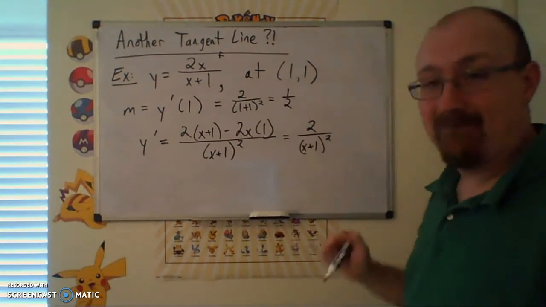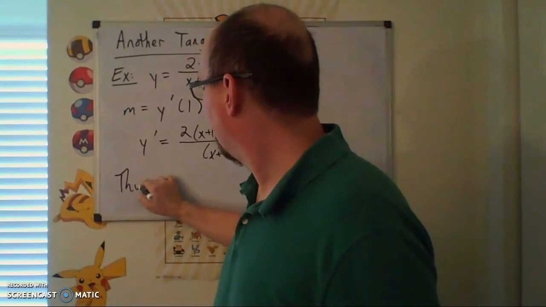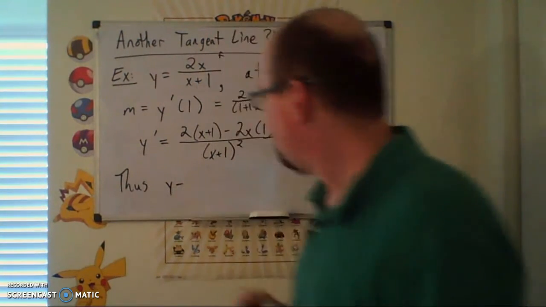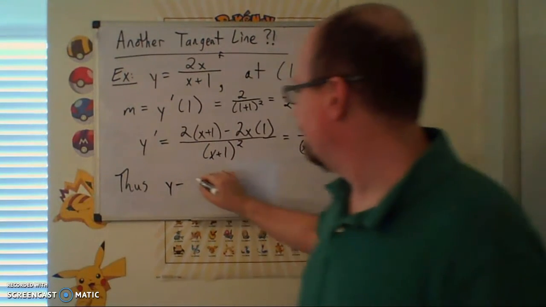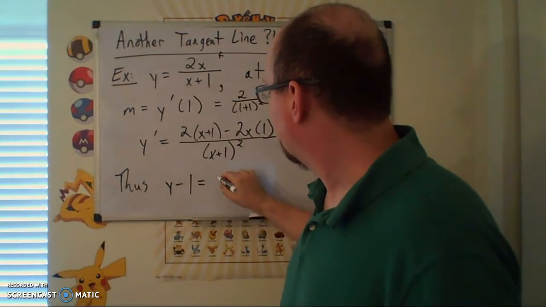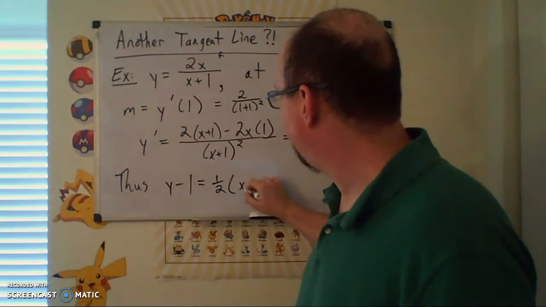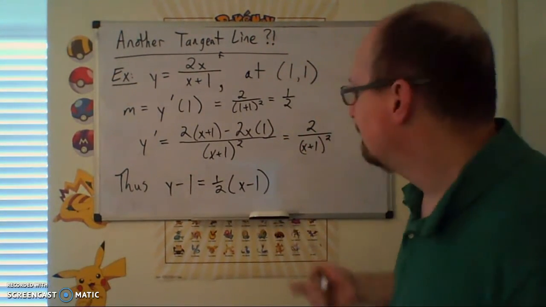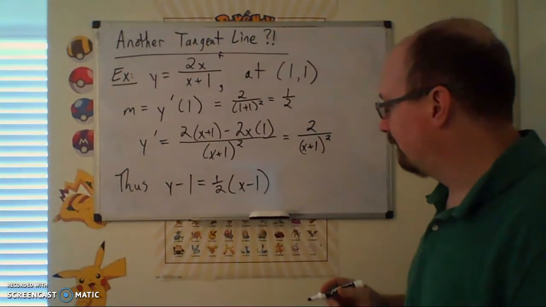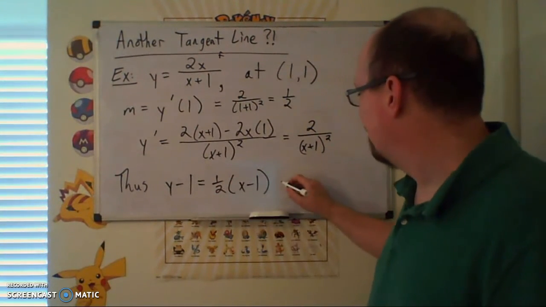Now we have our slope, we have our point. So our line's equation is going to be y minus our y coordinate, y minus 1 equals our slope of 1/2 times x minus our x coordinate, also 1. So we've got y minus 1 equals 1/2 times the quantity x minus 1.